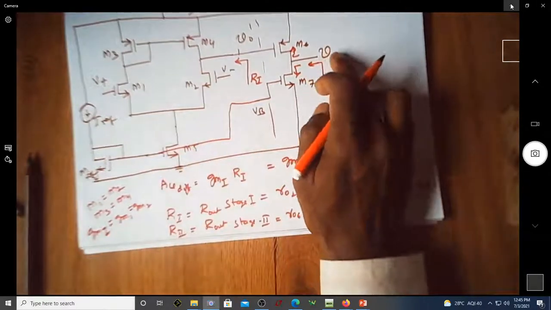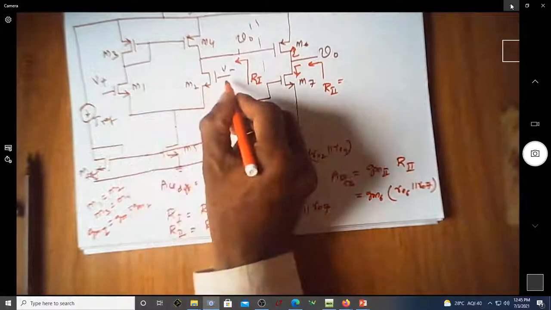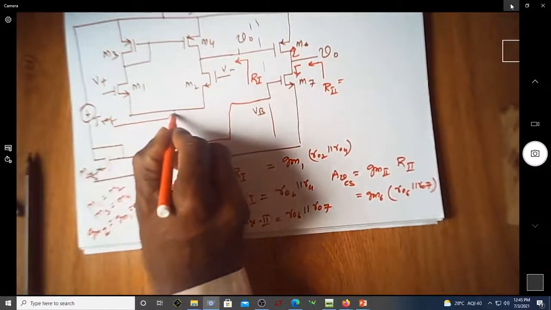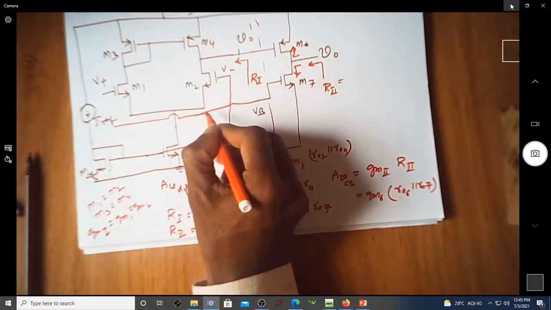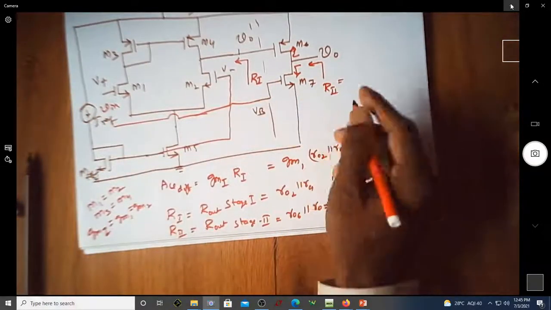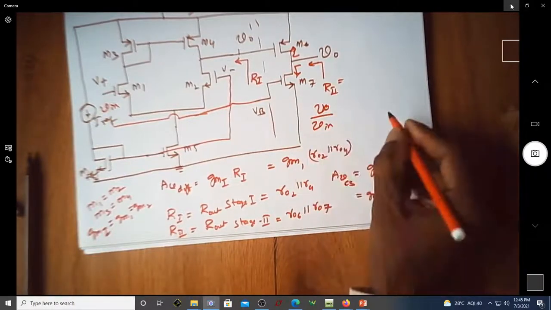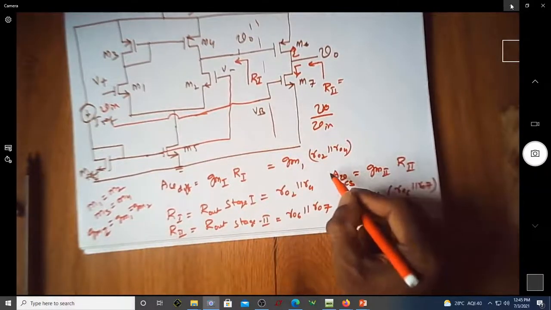So what is the overall voltage gain? Suppose I have an input voltage being applied between these two plus and minus terminals. If I say this is V in, and I want to write V0 divided by V in, of course I'm simply writing the magnitude here.